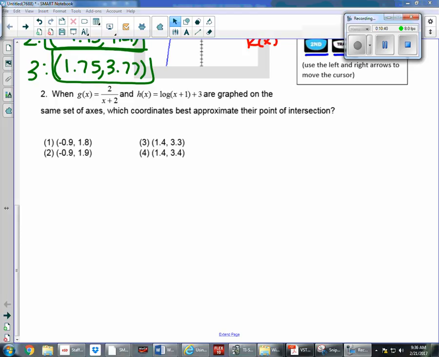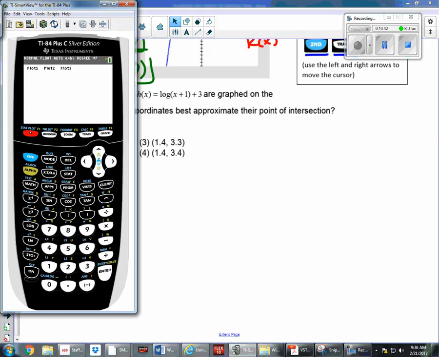Take a second to plug those two equations into y equals. So in y1, I'm going to use alpha y equals to type in 2 over x plus 2. And in y2, I thought this was a good equation to review how to put log in the calculator.